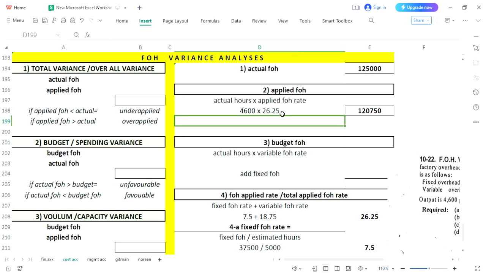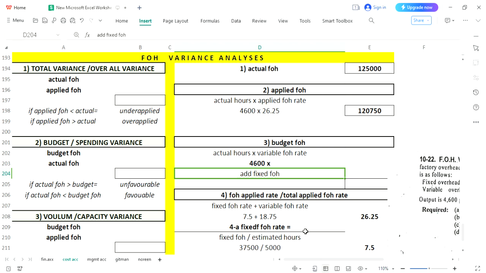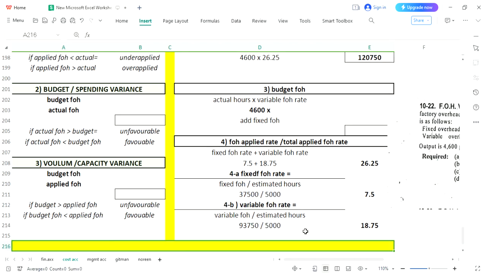This is applied FH, and now you need to calculate budget FH. Again, the actual hours which are written over here, 4600, the same 4600 would be used. You need to multiply it with the variable FH rate, and the variable FH rate you have calculated over here.